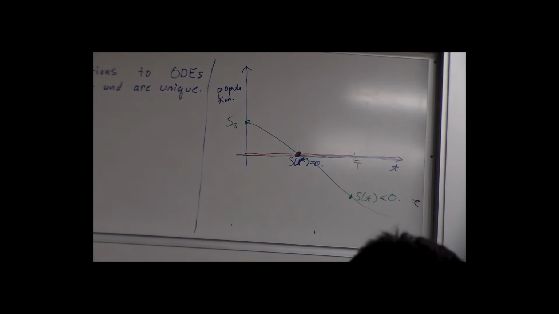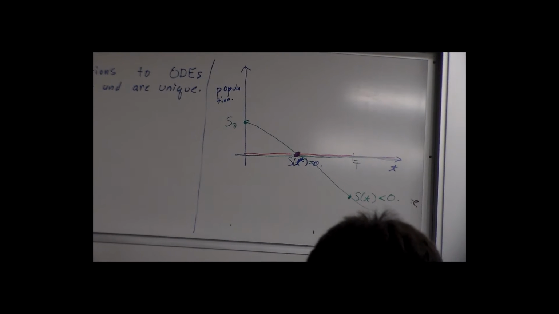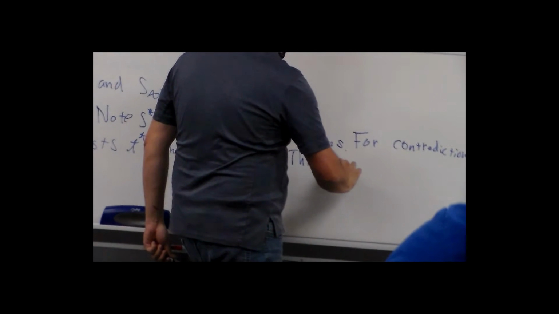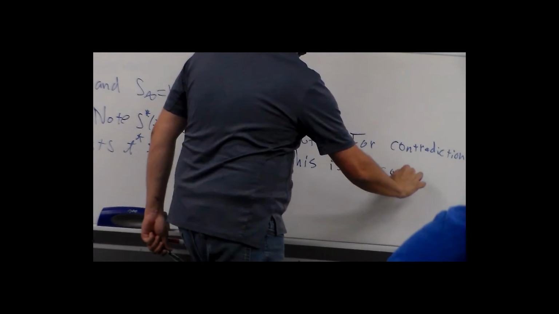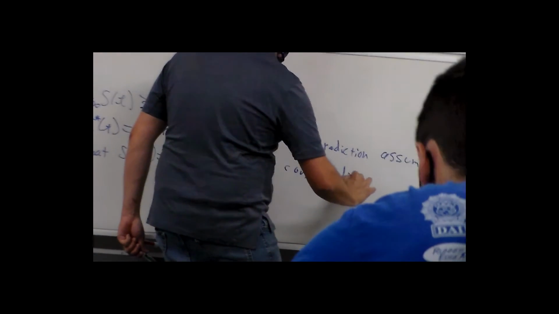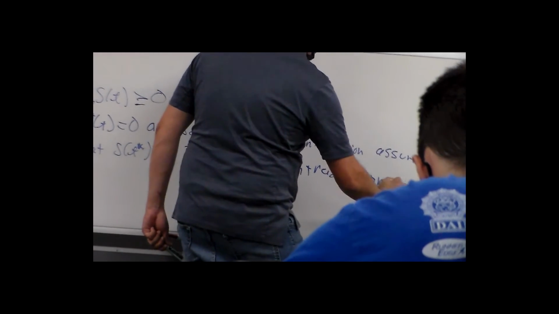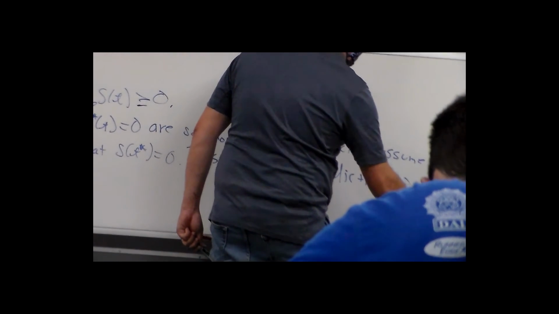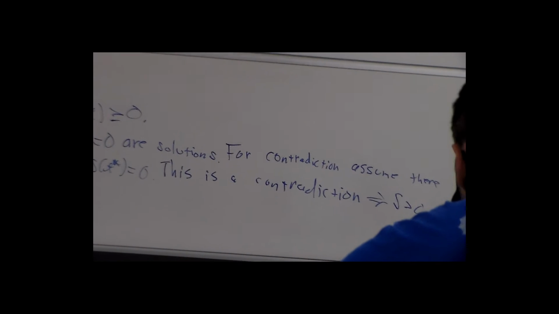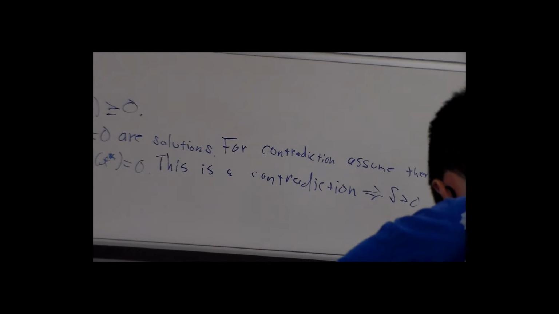Okay? So that's the contradiction. So there exists t star such that this is 0. This is a contradiction, which implies S is greater than 0. Okay? So the S is always positive.